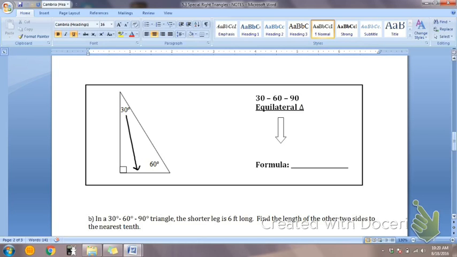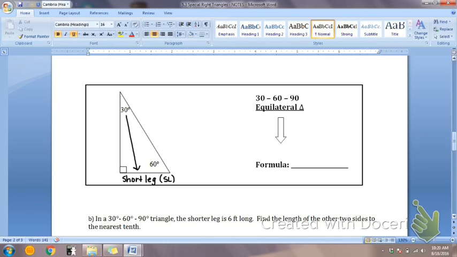Do you guys remember talking about that? It would make sense that across from the 30 is going to be the smallest side, right? So across from 30 is called the short leg, and we're going to abbreviate that with SL.